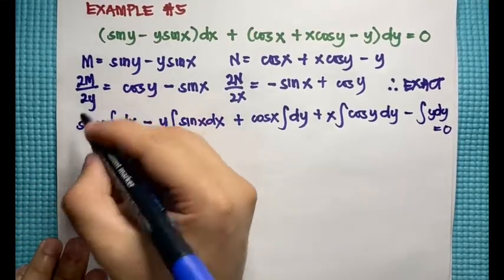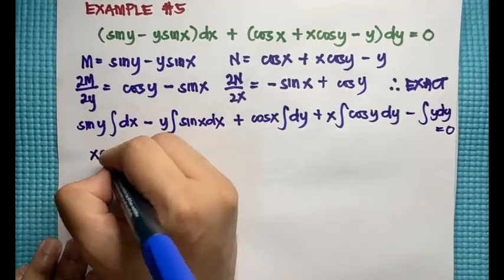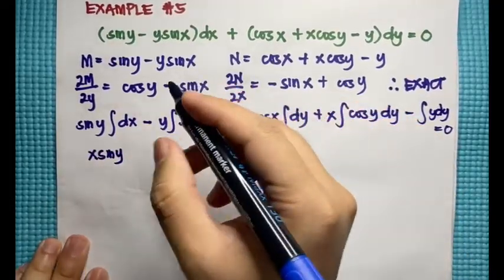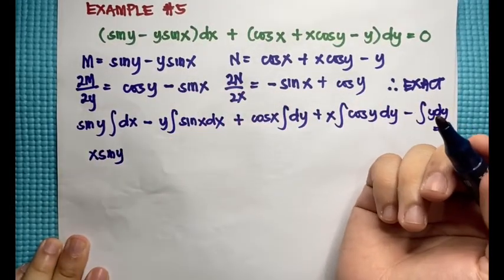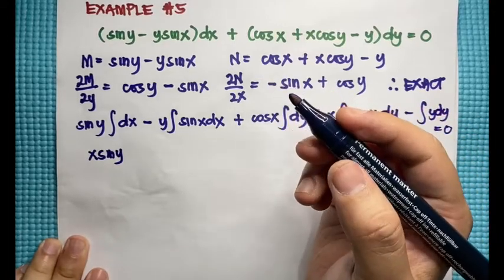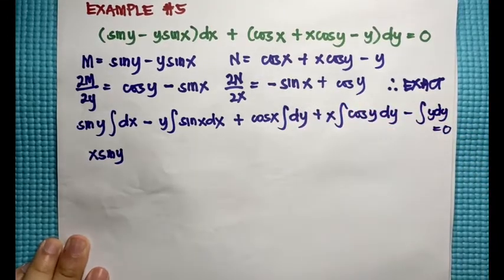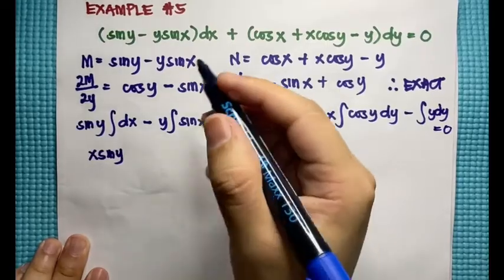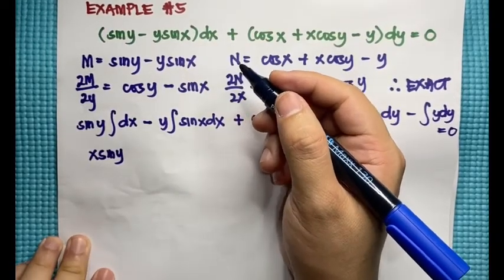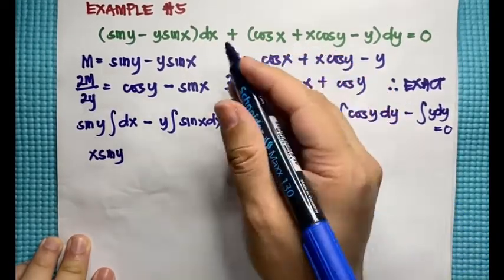So the integral of dx would be x sine y, minus the integral of sine x, which would be negative cosine x.